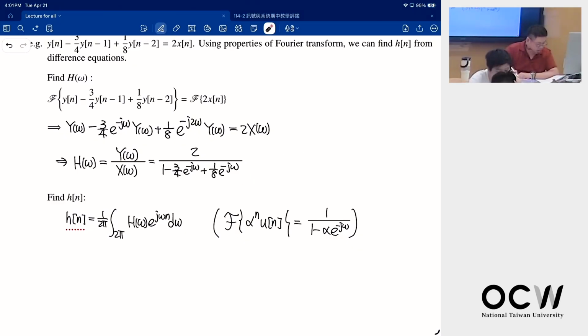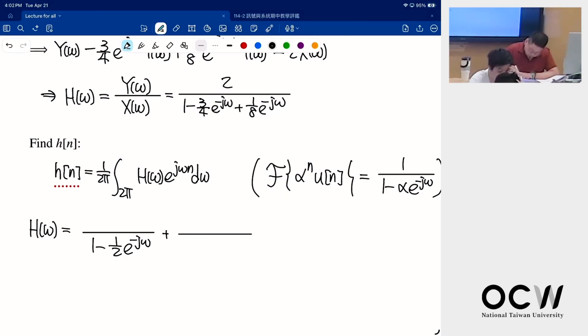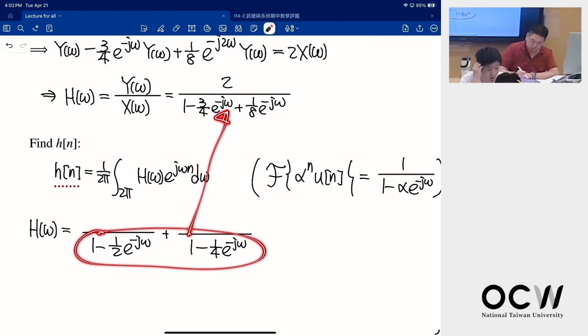So actually H of omega is equal to 1 minus 1/2 e to the minus j omega, and also 1 minus 1/4 e to the minus j omega. If I multiply that together, you get here.